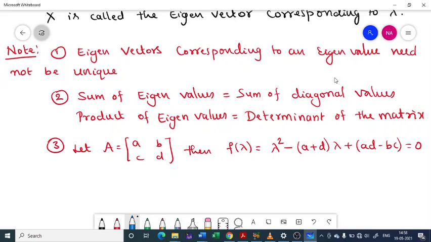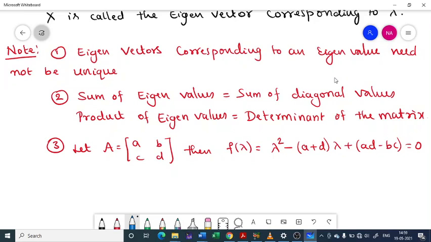First point. Second point, actually, that I have not mentioned here. Suppose you have two different eigenvalues, lambda 1 and lambda 2, then corresponding to them you will have eigenvectors x1 and x2. Then the eigenvectors corresponding to different eigenvalues are linearly independent. We have not yet discussed, or in this course we don't discuss, the concept of linear dependence or independence.